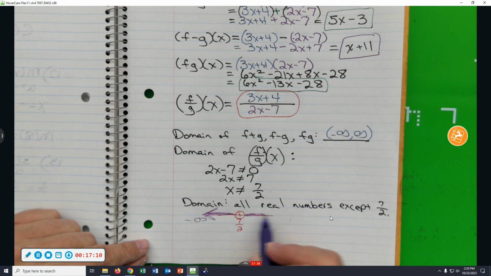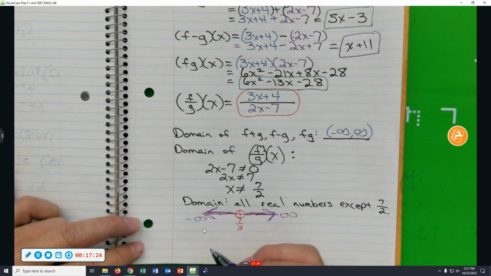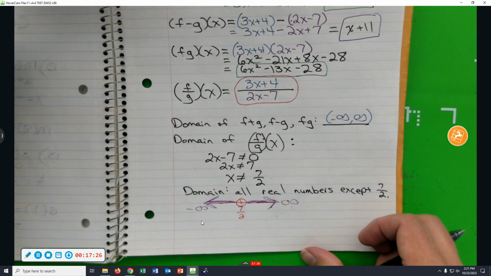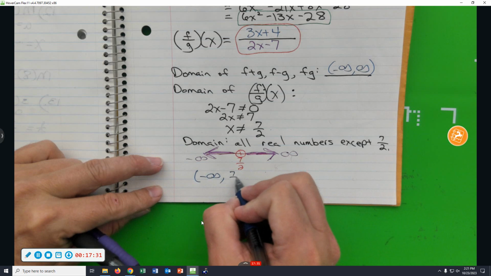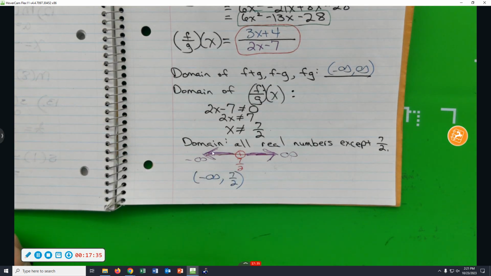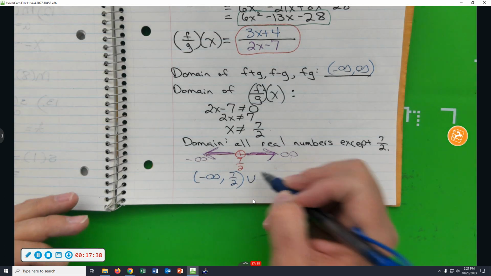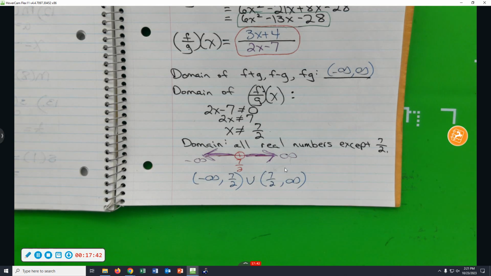Any number to the right of 7 halves. So how do we say that? It's going to be 2 intervals. Am I going to have any brackets in my interval notation? No, it's only parentheses. So parenthesis, negative infinity to 7 halves, parenthesis, that's saying all the numbers to the left of 7 halves, or all the numbers to the right of 7 halves. And that's how they're going to make you type it in.